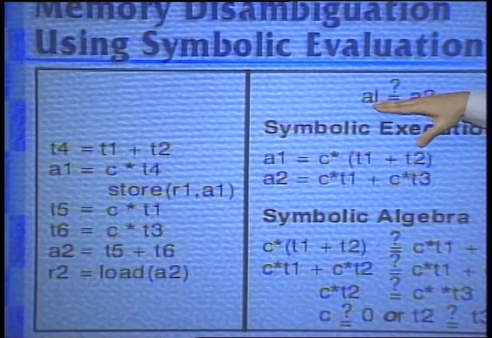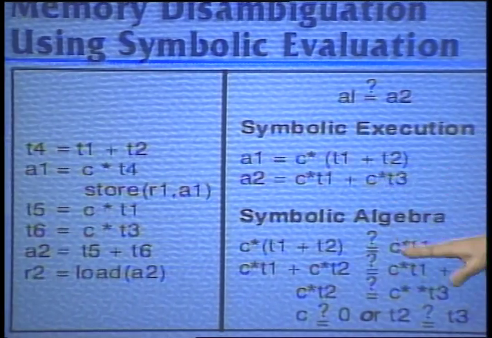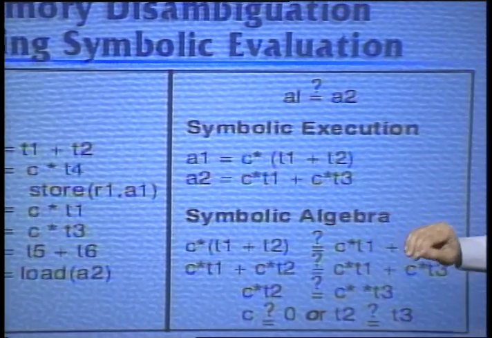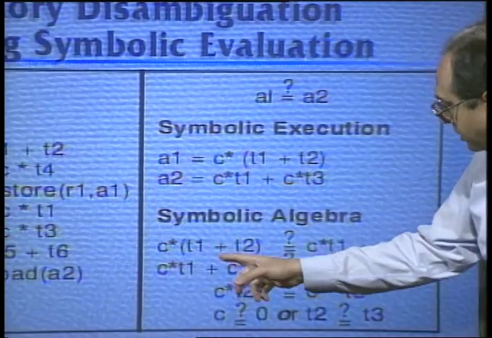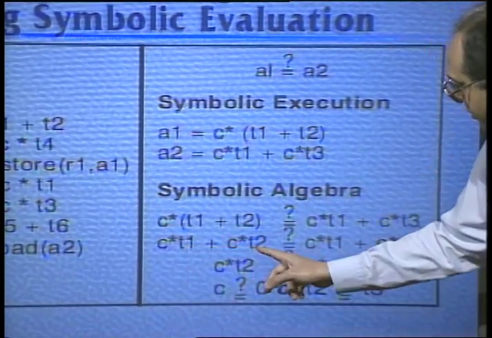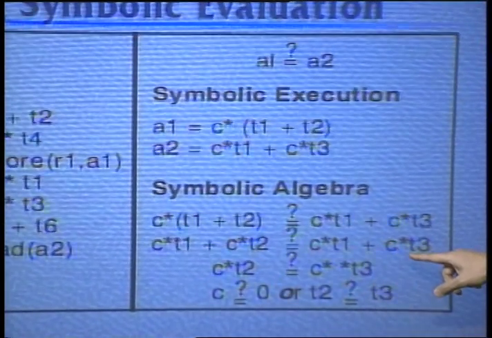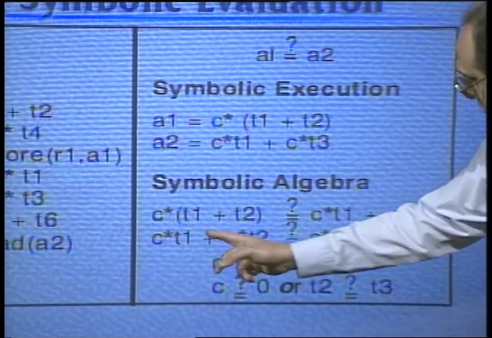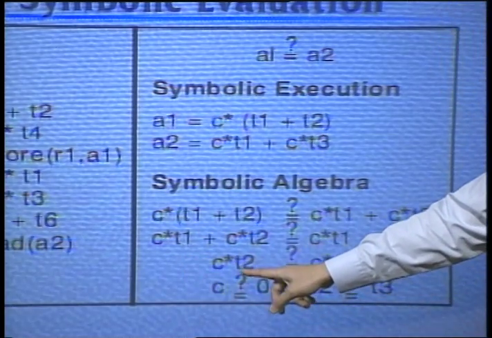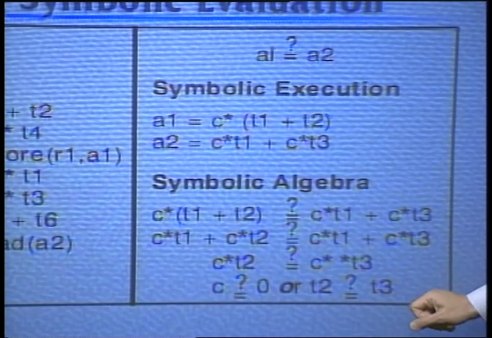So the question, is A1 equal to A2, now becomes the question, is this expression equal to this expression? To answer that, we use symbolic algebra. We start off by expanding this, distributing the multiplication across. So now the question is, is this expression equal to this expression? We can cancel out like terms, and now we reduce it to: is C times T2 equal to C times T3?